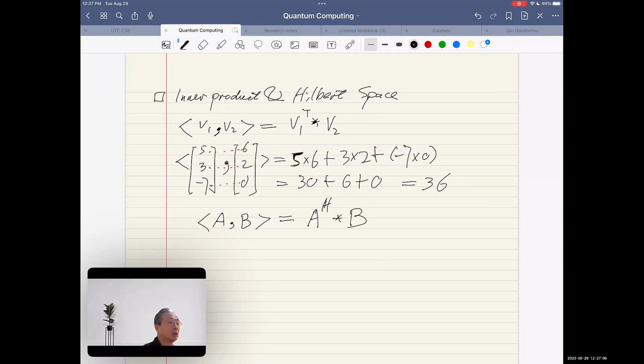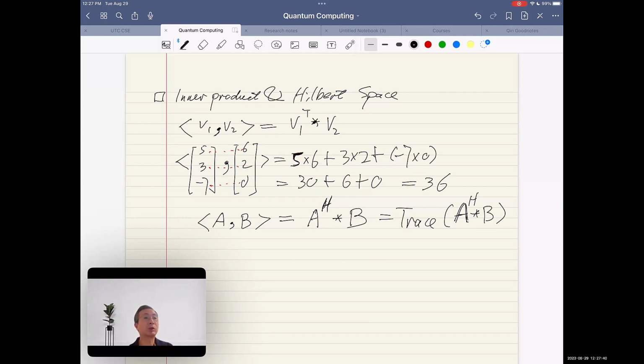So the conjugate transpose of A and B, and the inner product will basically also be the trace of that.